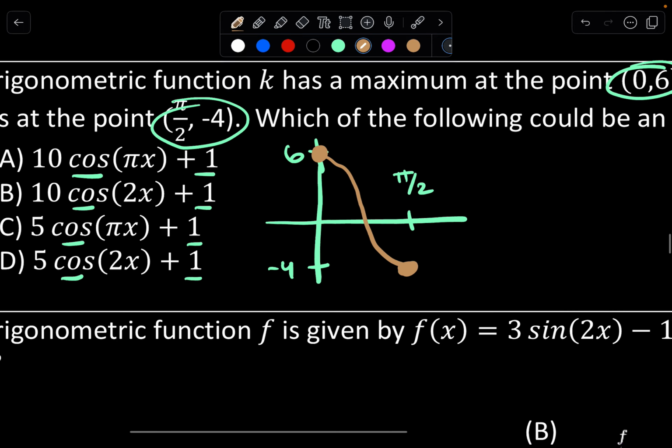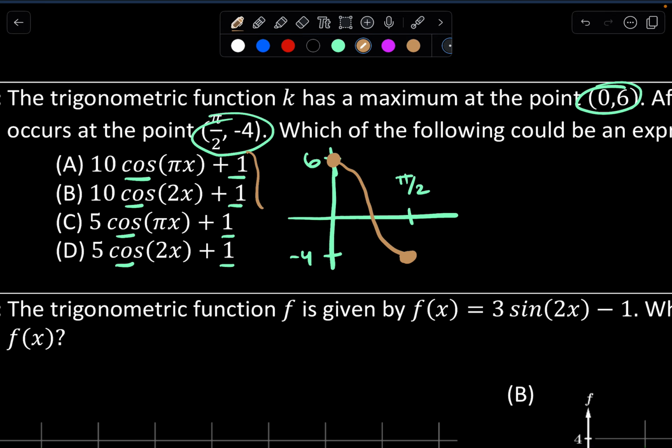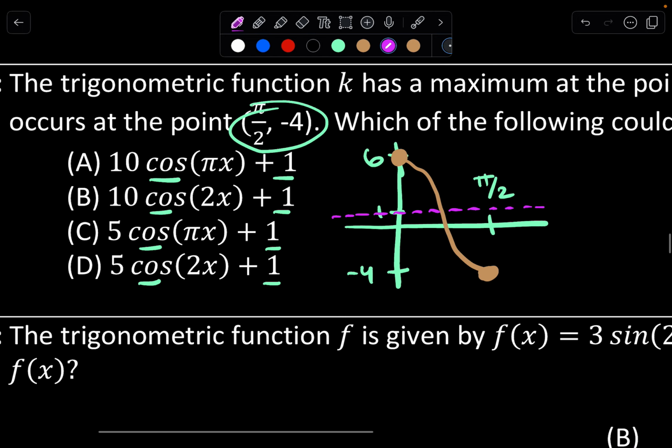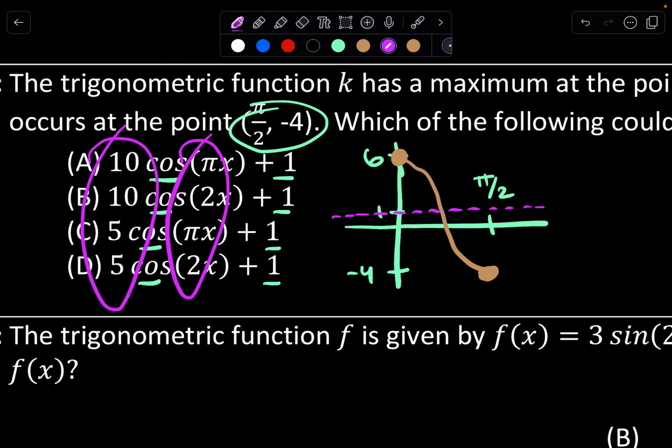So if we zoom in on this, like I said, we already know that our midline is going to be at +1 because of that vertical translation of +1. So I'm going to go ahead and notate that on my graph. So here's the midline. All right, so now that I have my midline, the differences within my choices are going to be the amplitude and the b value, all right, or the a value and the b value.